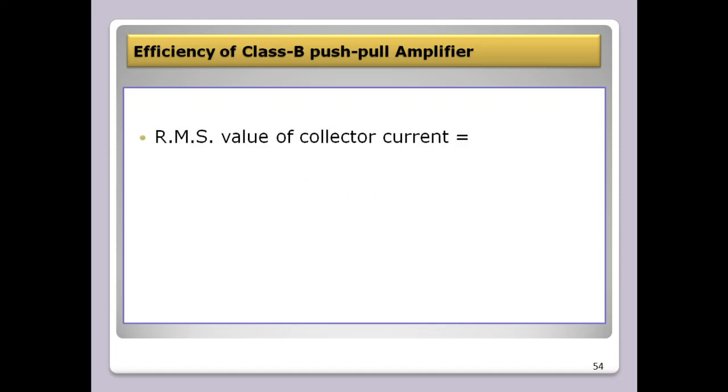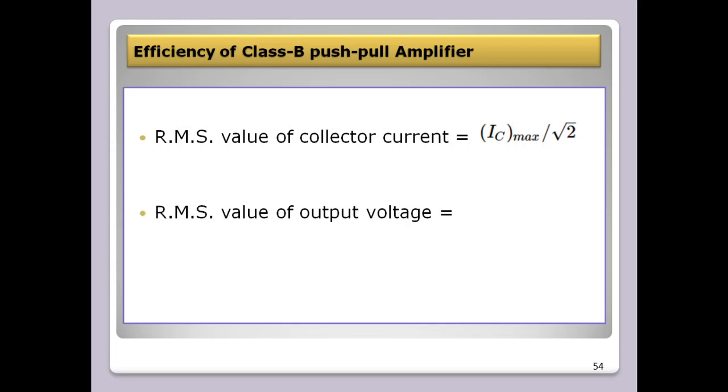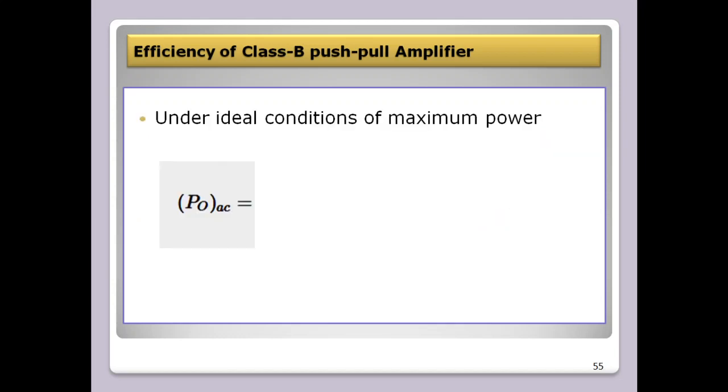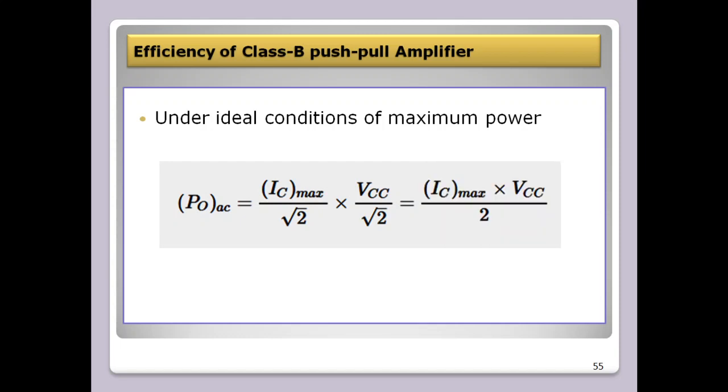Here the RMS value of the collector current is IC maximum by root 2. The RMS value of the output voltage is VCC by root 2. So under ideal conditions of maximum power, the output AC power is IC maximum by root 2 into VCC by root 2, that is IRMS into VRMS. So the AC power is IC maximum into VCC by 2.